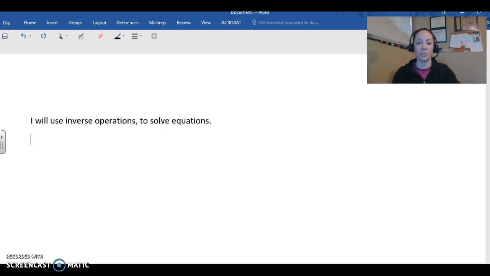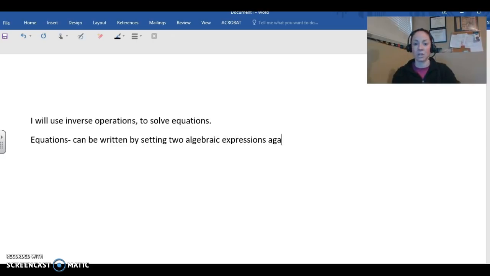We have 2 vocabulary words for this lesson, and each vocabulary word has 2 important parts to it, so make sure that you get all of it in your notes. So our first vocabulary word is equations, and they can be written by setting 2 algebraic expressions against each other.